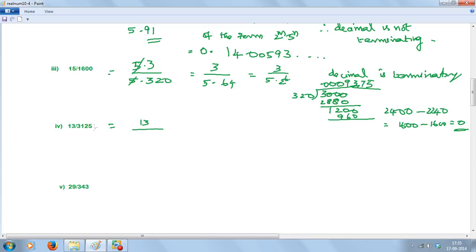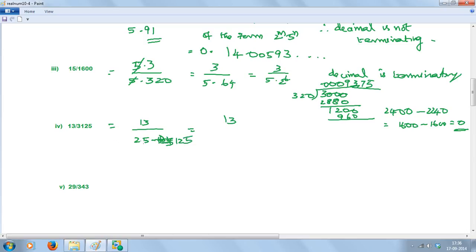So we can write this, if you divide by 25, multiplied by 124. Sorry, it is 25 multiplied by 125. We will try with 125.